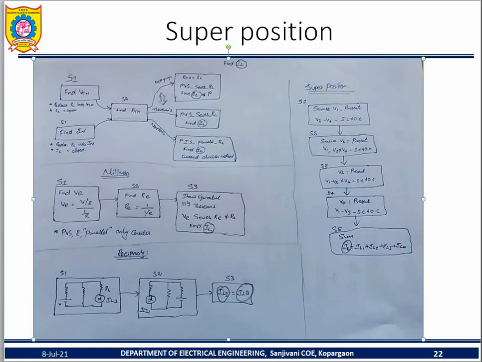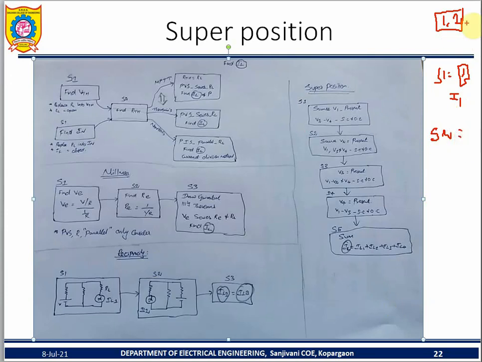This is very simple. For example, in my classroom only 2 roll numbers are present, I mean 2 sources are present. Step number 1: only roll number 1 is present; find I1.